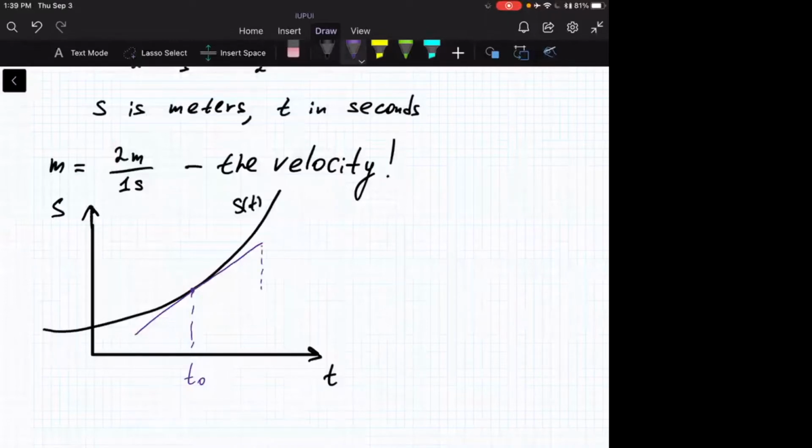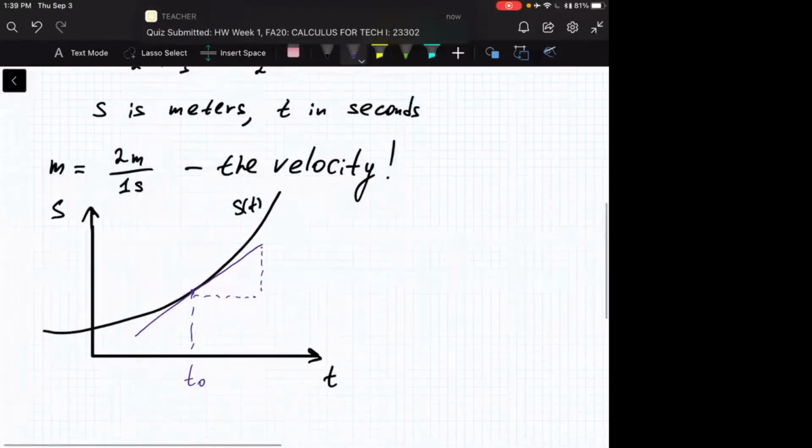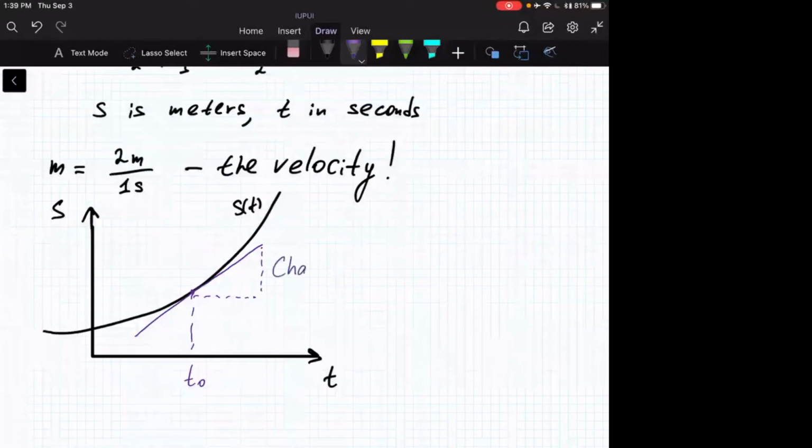And in some sense, it will tell us what is the velocity at that moment. So this is my change in s, and this is my change in t.